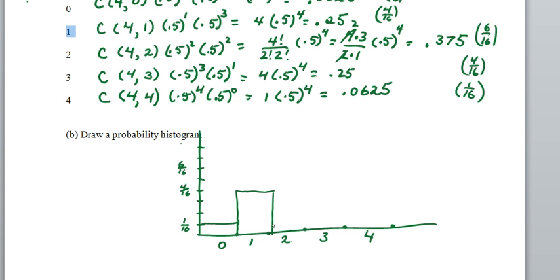For 2, it's 6/16 or 3/8. For 3, it comes back to 4/16 or 1/4. And for 4, it comes down. And this is a typical shape for what is called a binomial distribution.